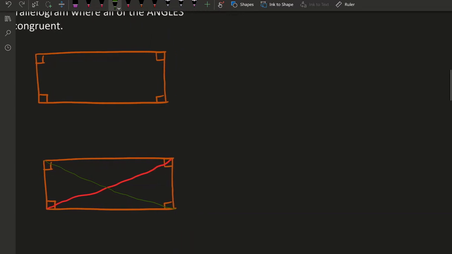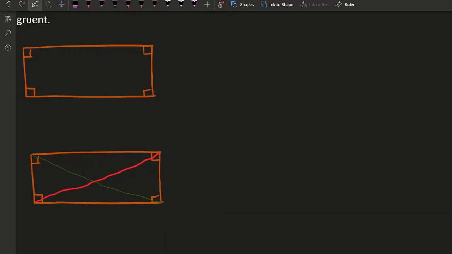I'm just going to split them apart so you can see the 2 triangles. So I have this red triangle here and this green triangle here. So those are each of the 2 different diagonals.